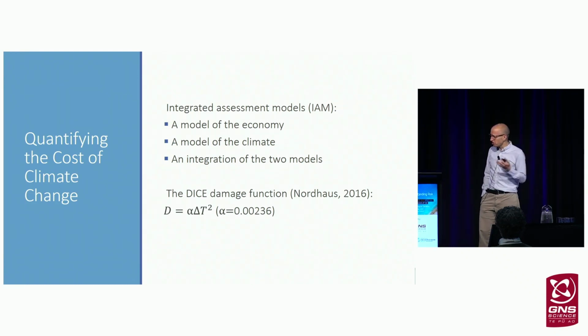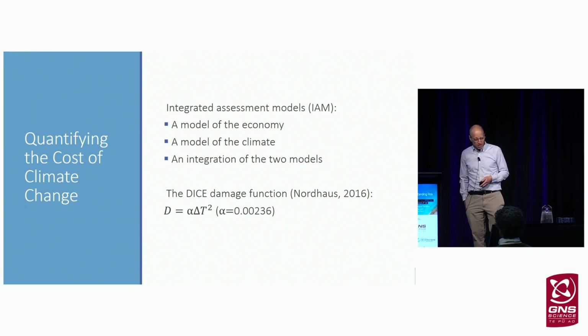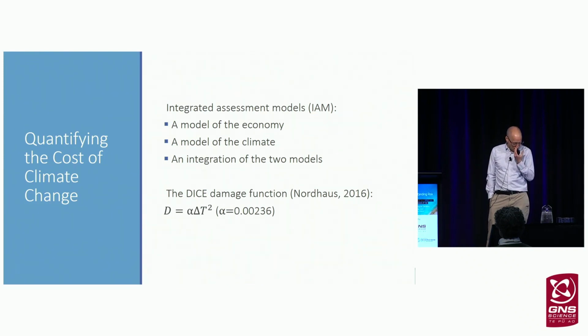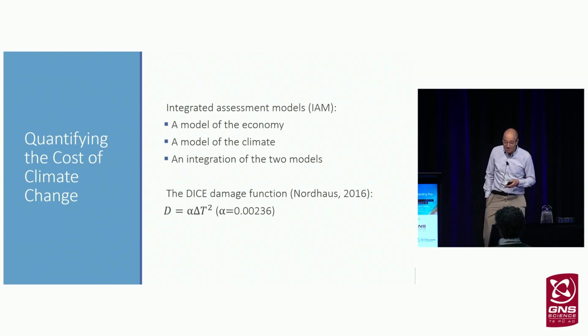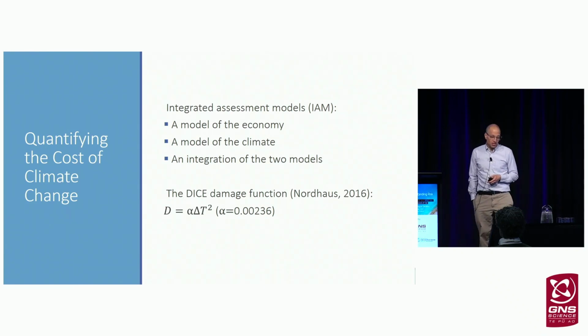And his integration of the economy and the climate is this equation at the bottom there, which basically says the damage from climate change, D, is alpha, which in his case is 0.00236 times the change in the average temperature squared.